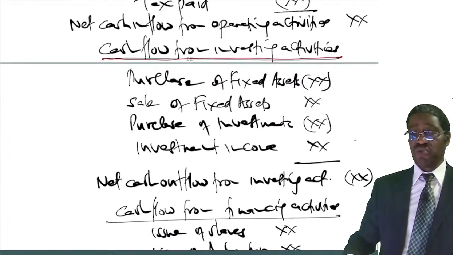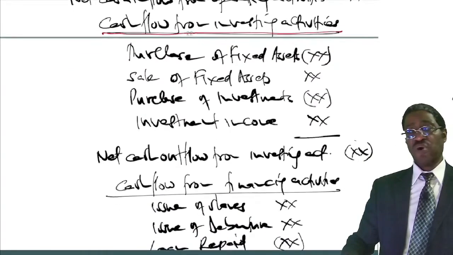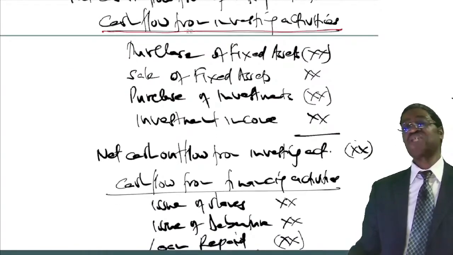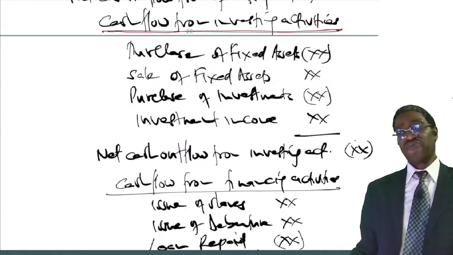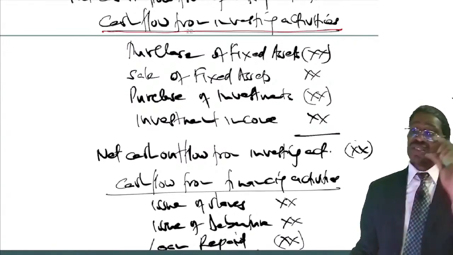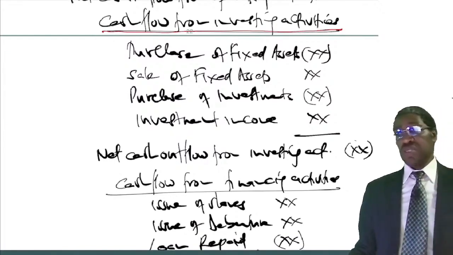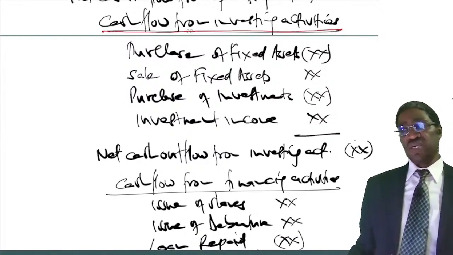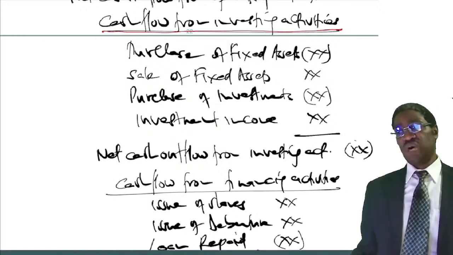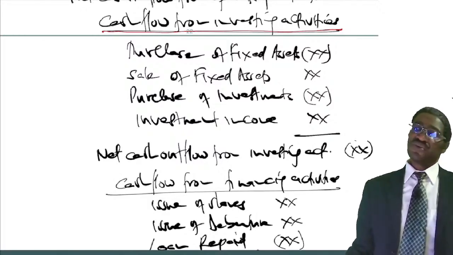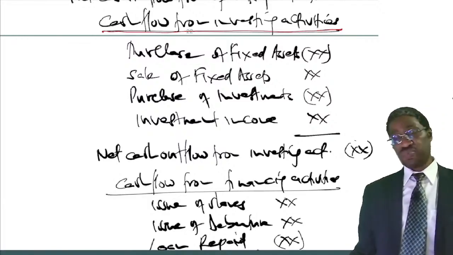That's what we have pushed to the extreme, and we have called it net cash outflow from investing activities, since our negatives were more than the positives.